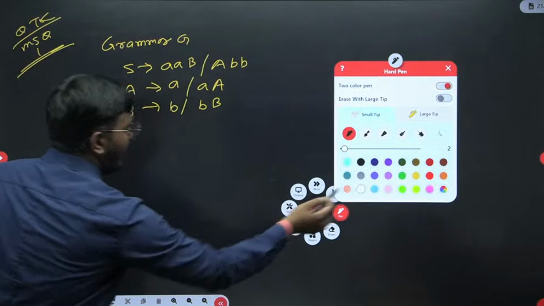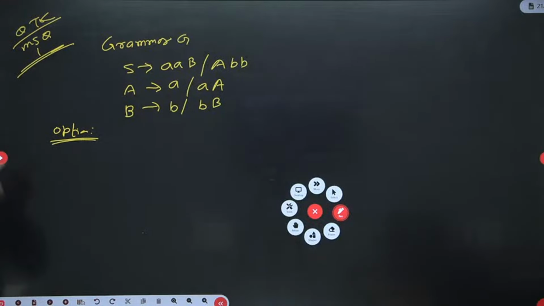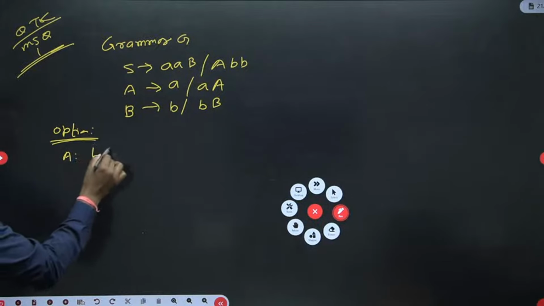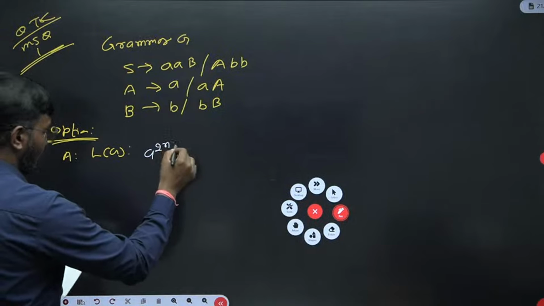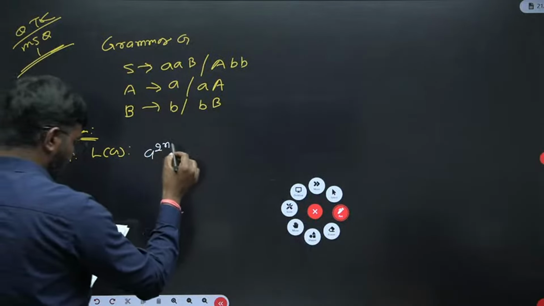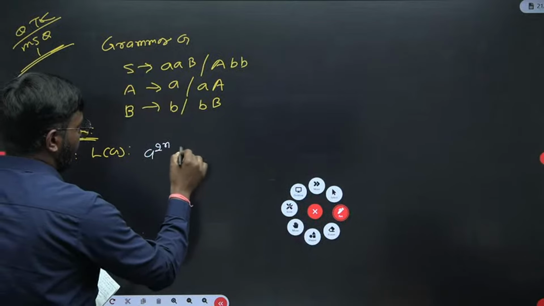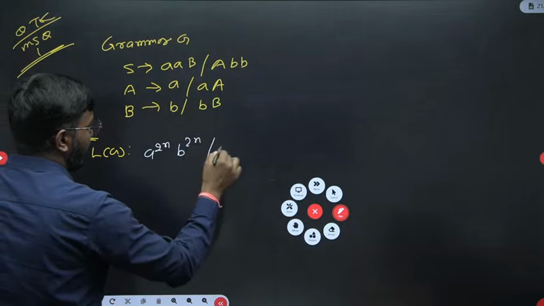So here options were given for L of G. Option A: the language of G is a to the power of 2n, b to the power of 2n, where n is greater than or equal to 1.